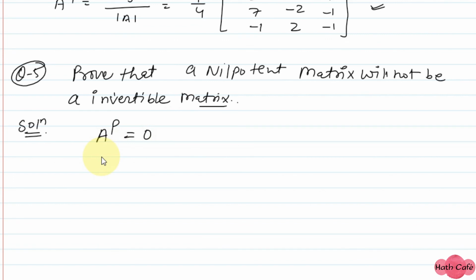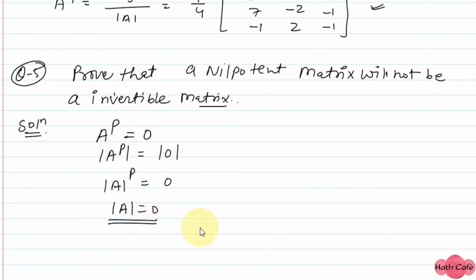So let's take the determinant value on both sides. So determinant of A power p will be equal to determinant of 0. We have assumed here that A is a square matrix. So finally this will become determinant of A to the power p equals 0, so finally the determinant value of A will also be 0.